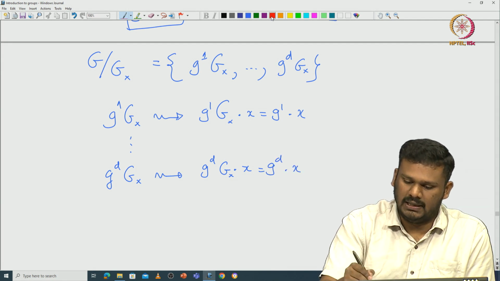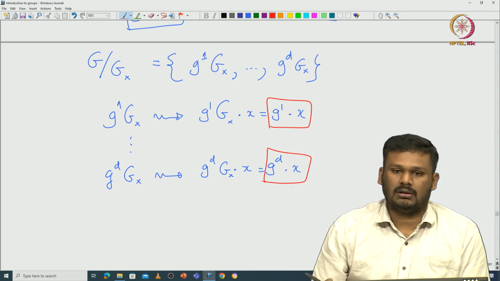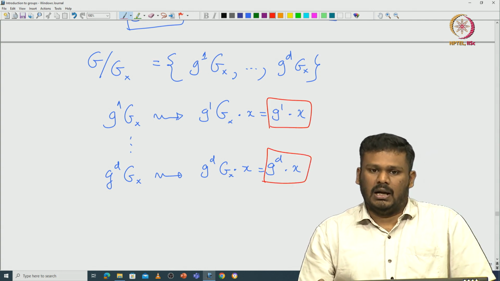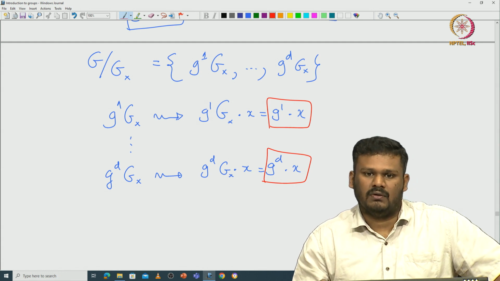So only these elements are going to survive, and we still need to see whether this is again overcounting or not.